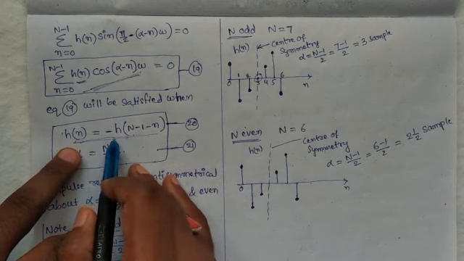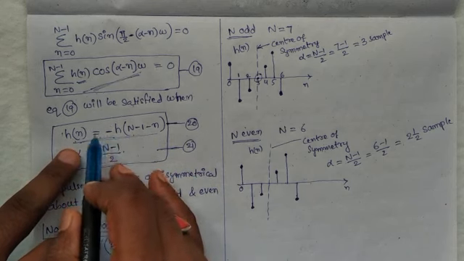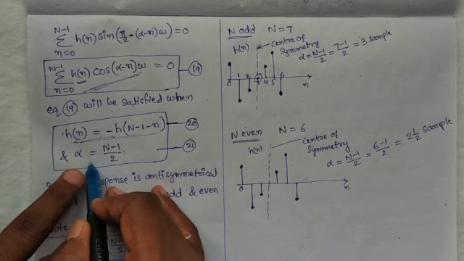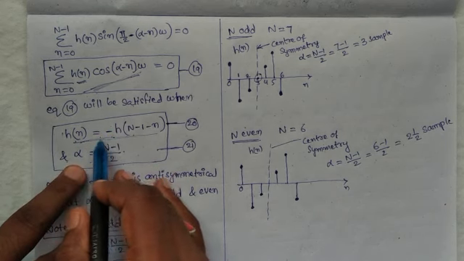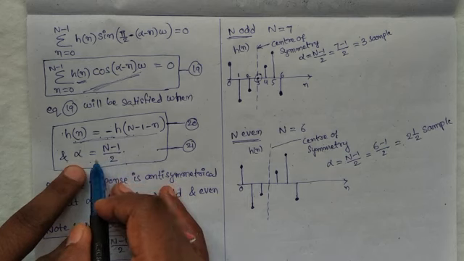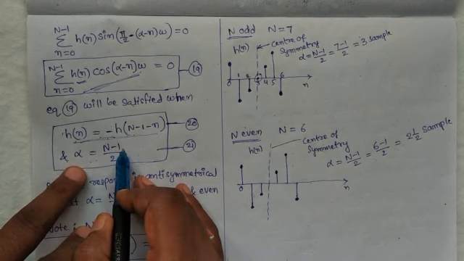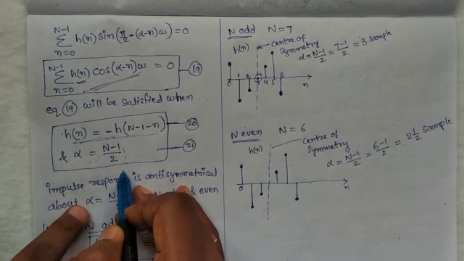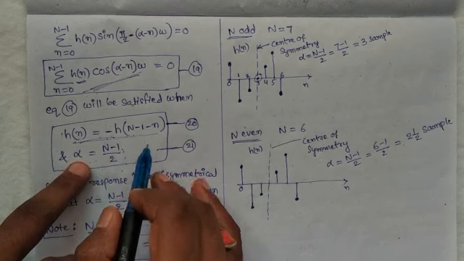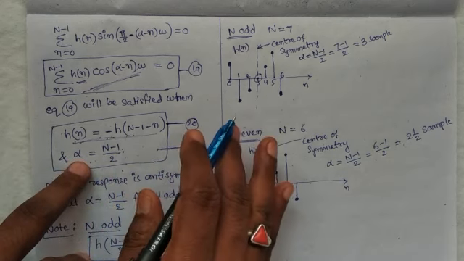This impulse response is anti-symmetrical about what? The alpha. This impulse response is anti-symmetrical about alpha. Alpha is equal to what? Capital N minus 1 by 2. Therefore, capital N odd and even.